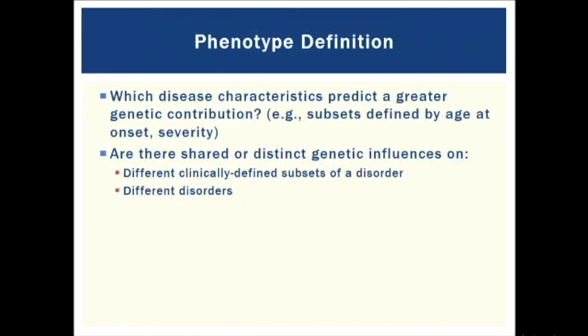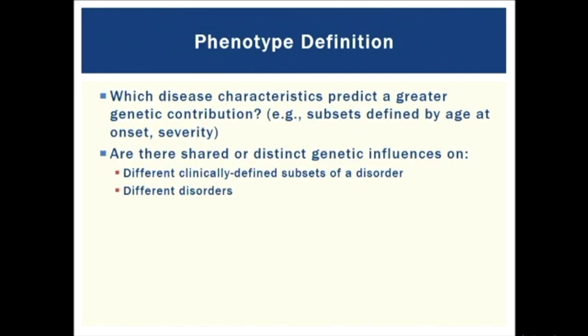By phenotype definition, I mean which disease characteristics predict a greater genetic contribution. For many disorders, we find that the early onset variant of the disorder is more genetic than the later onset. We see that in a lot of complex disorders.